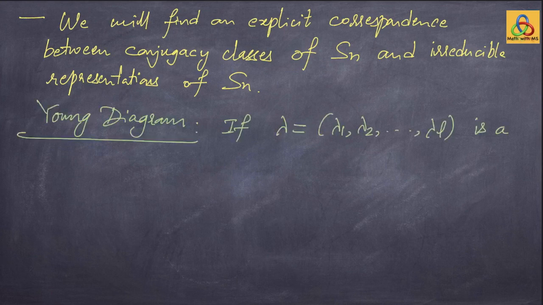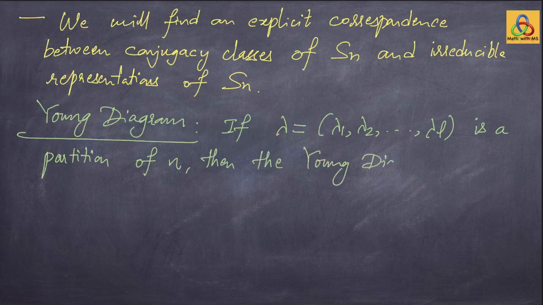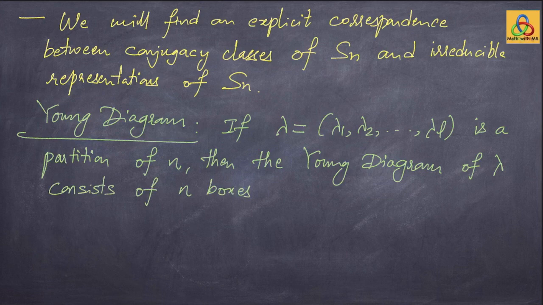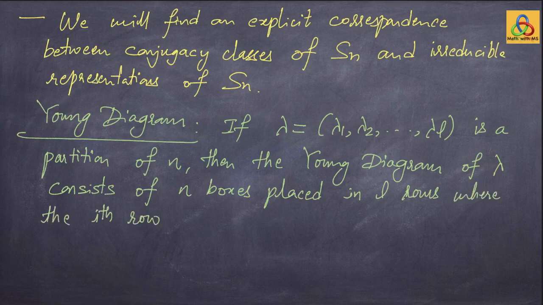If lambda equals lambda 1, lambda 2, up to lambda L is a partition of n, then the Young diagram of lambda consists of n boxes placed in L rows, where the ith row has lambda i boxes.